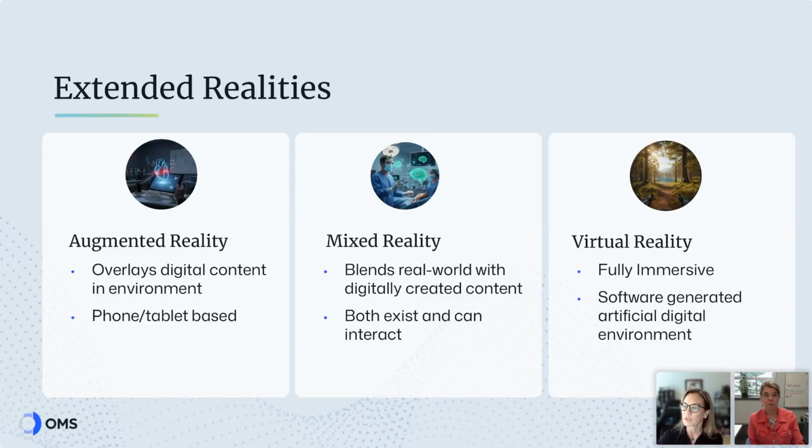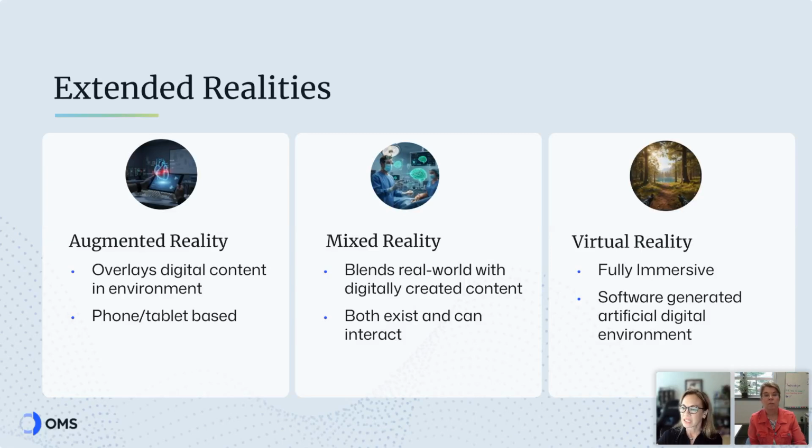So we see 3 different types here. This is what we most commonly see now. So augmented reality, unlike the fully digital worlds, AR overlays digital content onto our actual physical environment. This is very commonly seen today through phone or tablet-based applications. And this just adds a layer of information or imagery to the room that you're in. This is common with, you're shopping online, see this in your room or see this on you. So we're very familiar with AR.